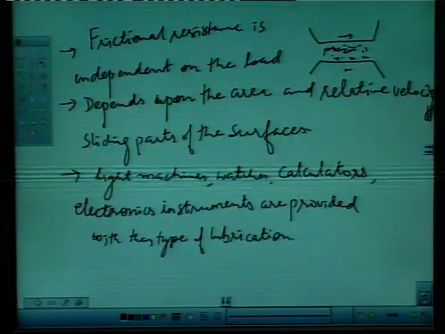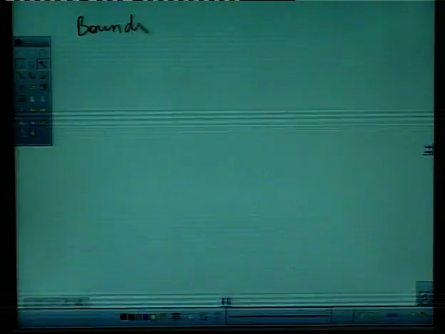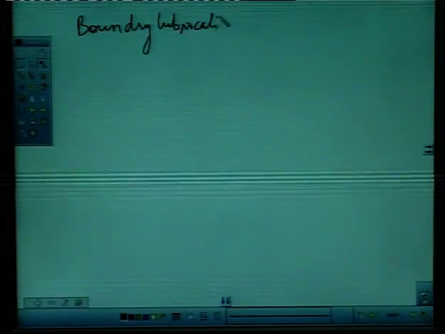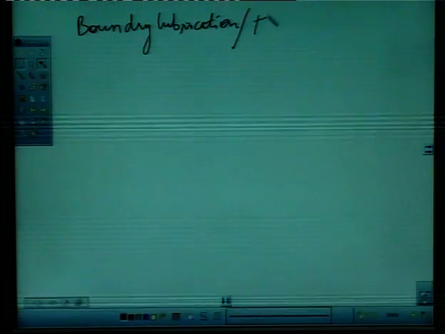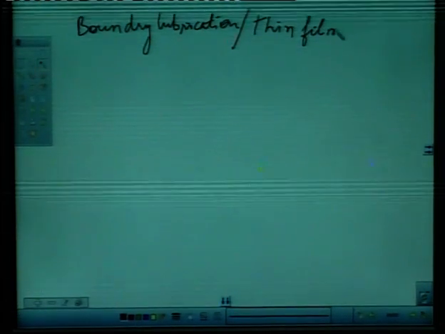Okay. So next is boundary lubrication, which is also called thin film lubrication.